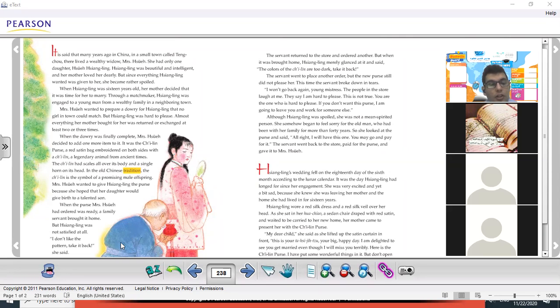There's someone in the picture. Who's in the picture? Look at the board. Sangling and who? Her mother. That's her mother? Really? That's her mother?